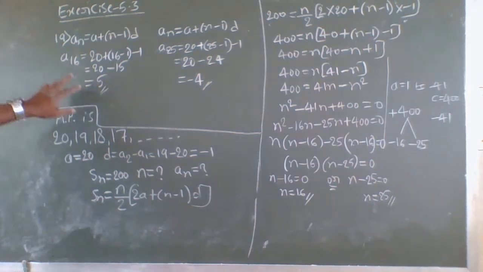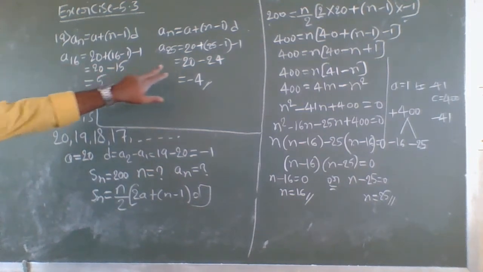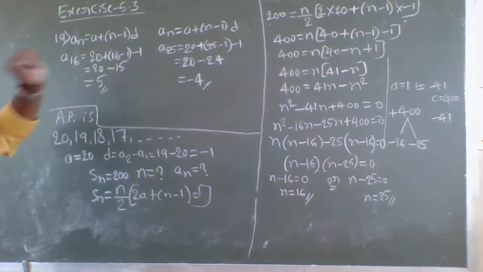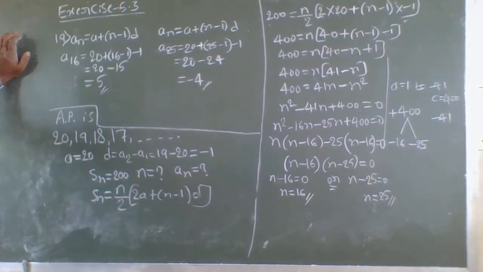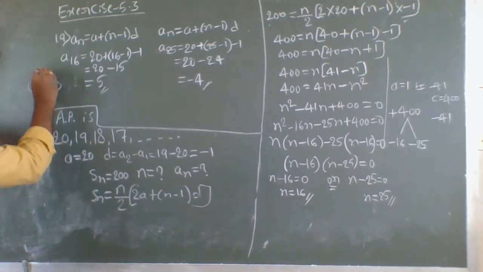But here we got the value as 5 if n is 16, and here it is minus 4 if n is 25. But the number of logs on the top row should be positive only.